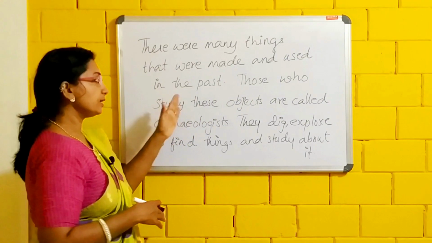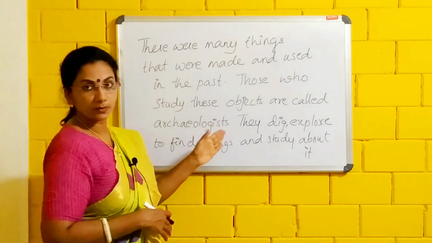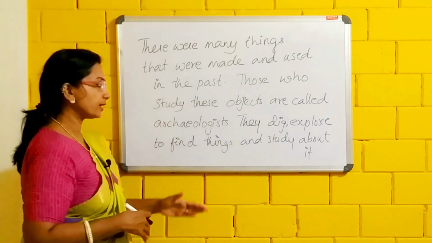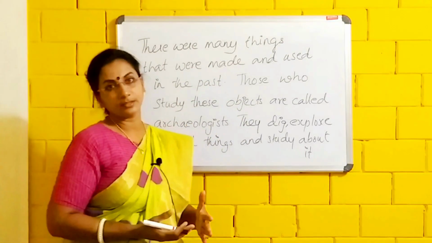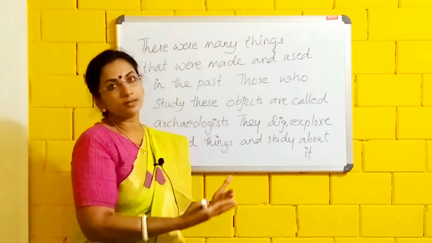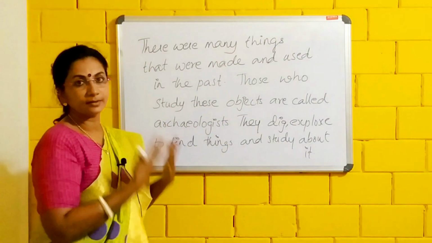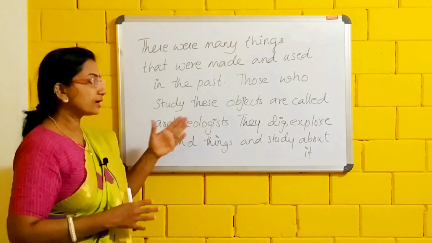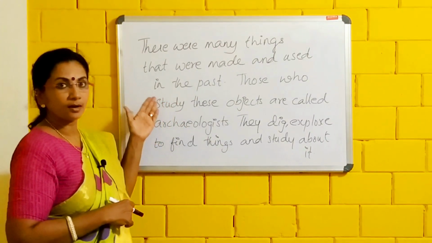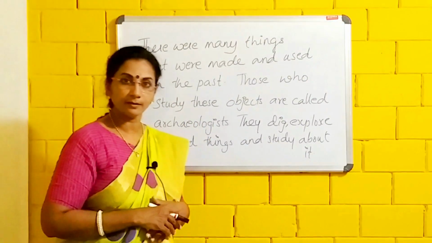Those who study these subjects are called archaeologists. That means they dig and explore to find these things and study them. That's why we came to know about the past of these people and their lives. Got it? So the archaeologists are helping us. I think you got how the objects are helping us to find out about the past.